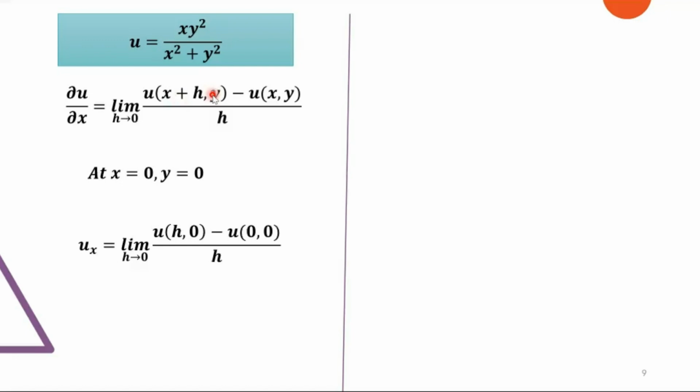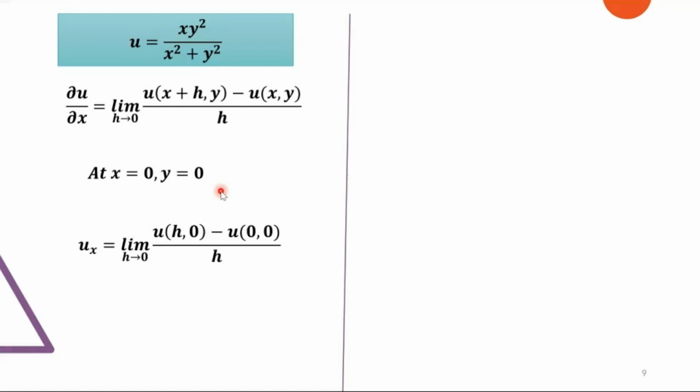We have to put 0 for x and 0 for y, so this becomes h, and this becomes 0, x is 0, y is 0, upon h. In the whole function we have to put x as 0. Why is this required? Because we are asked to show that the function satisfies the CR equations at z equal to 0. z equal to 0 means x equal to 0 and y equal to 0.